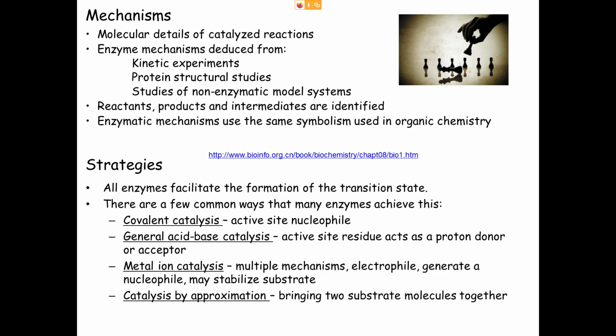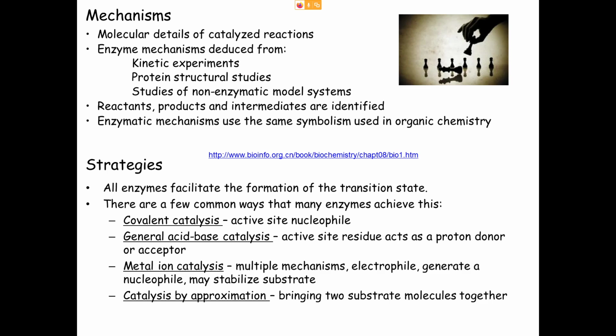Okay, so there's an active site nucleophile, perhaps. So the chemistry that happens in the active site involves amino acids or something from the enzyme itself. Okay, so it forms a covalent bond, at least at some point, with the substrate. This doesn't necessarily mean it's double displacement. It just means that it gets involved in the chemistry.